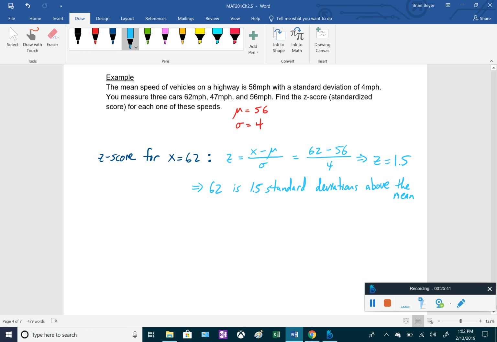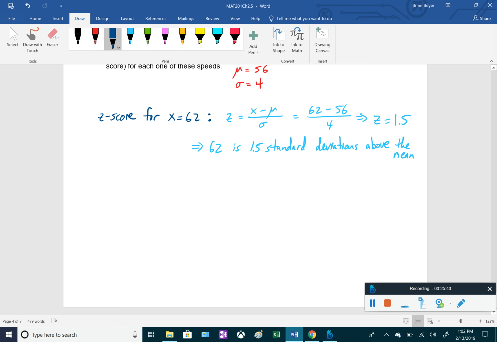The next one, let's do 47. We're going to find the z-score for the x value of 47. Same formula, z equals x minus mu over sigma. Plug everything in: x is 47, mu is 56, the mean, over the standard deviation of 4.